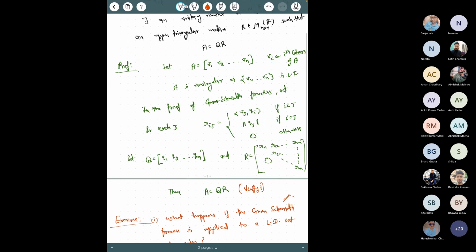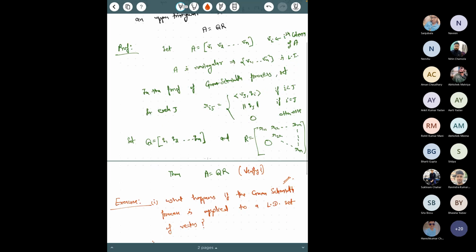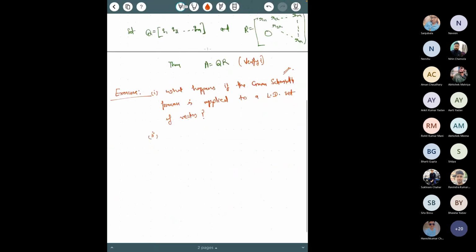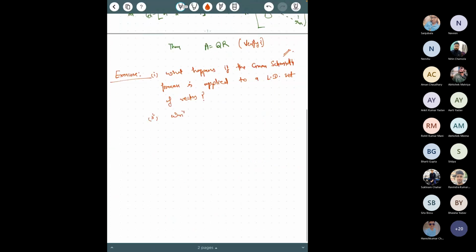So write a code for QR factorization of a matrix using Gram-Schmidt. You can also take the help of Google. This is just an exercise. You can think of this, and you can know more about this.